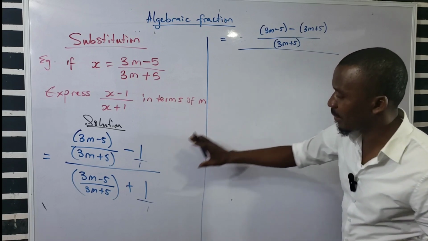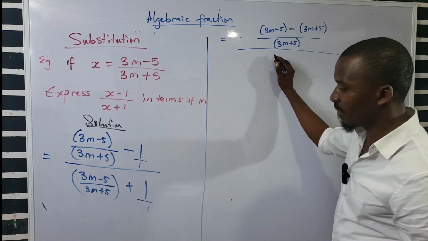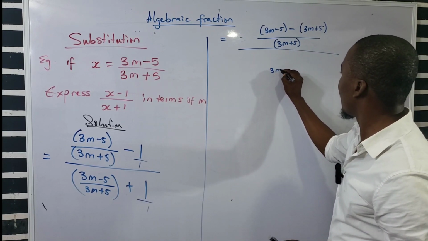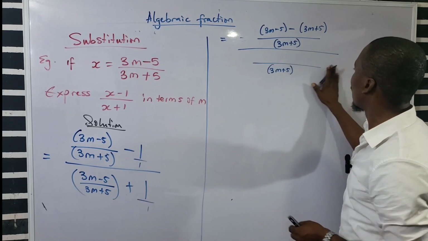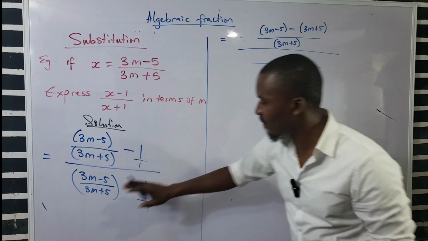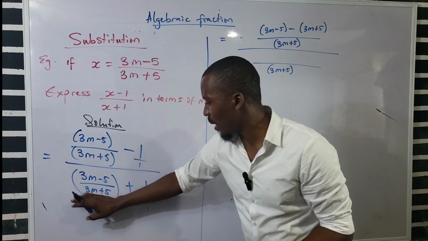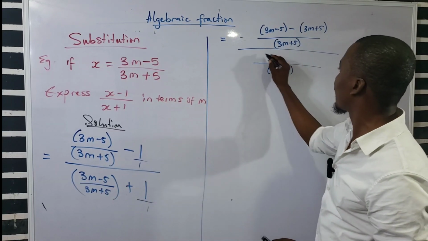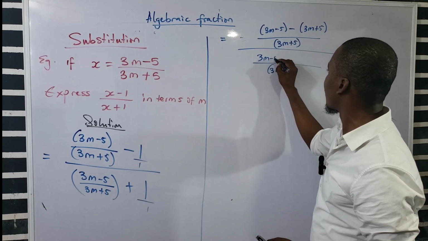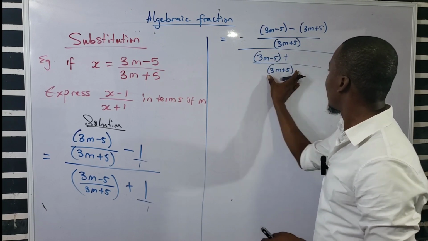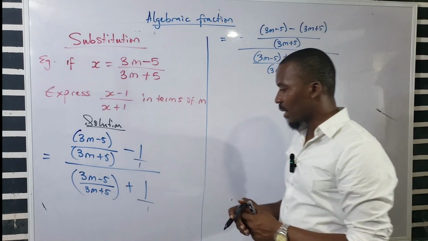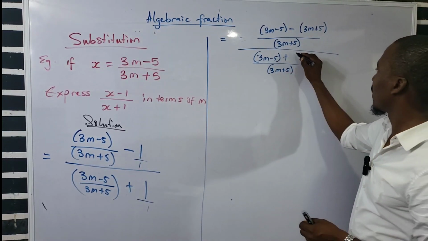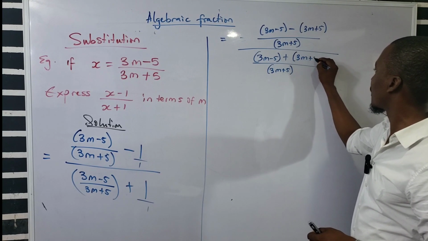All over my denominator now, that will give me 3m plus 5 as my LCM, okay? So 3m plus 5 divided by 3m plus 5, that will give me 1. 1 times 3m minus 5 will give me 3m minus 5 plus 3m plus 5 divided by 1, that will give me 3m plus 5 multiplied by 1, that will give me 3m plus 5.